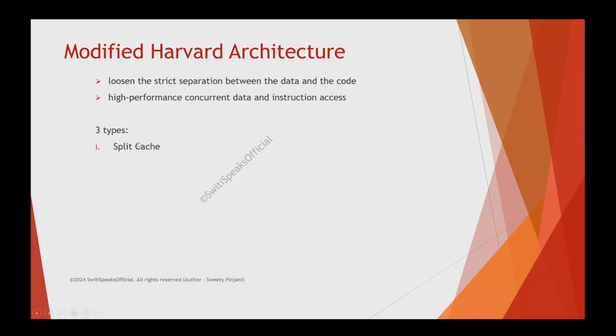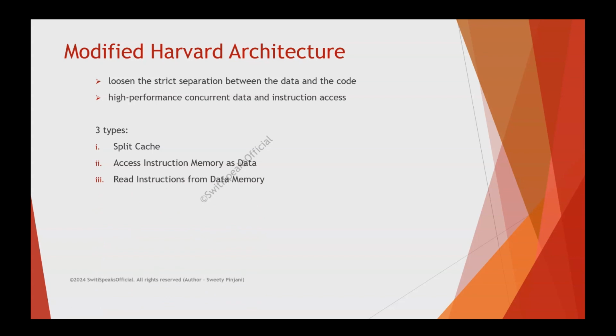The first one is split cache, in which you are going to have the same main and secondary memory for instruction and data, but in the cache you are going to have separate data and instruction cache. The second one is access instruction memory as data. The name is self-explanatory. We are going to access instruction memory as if it was data.